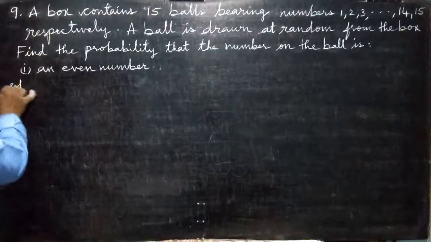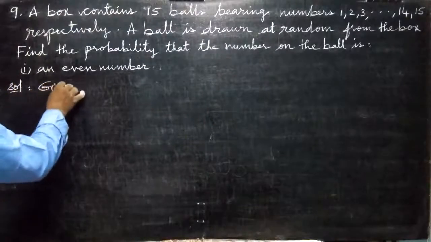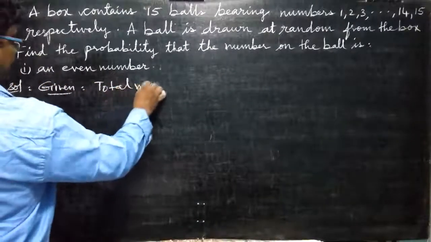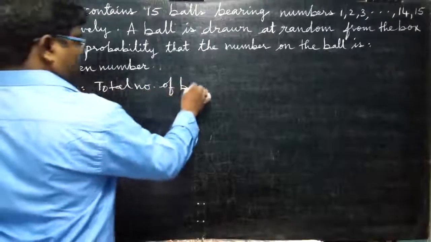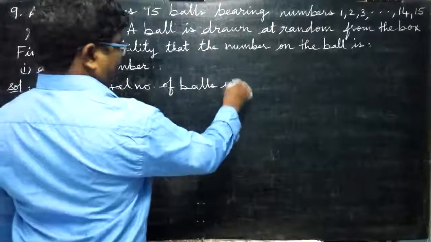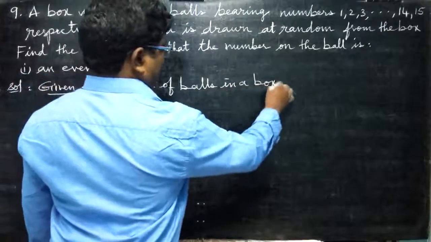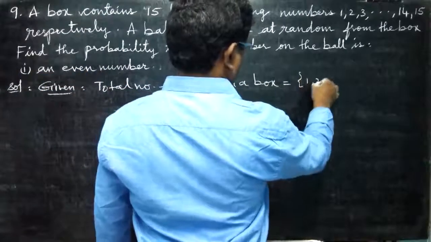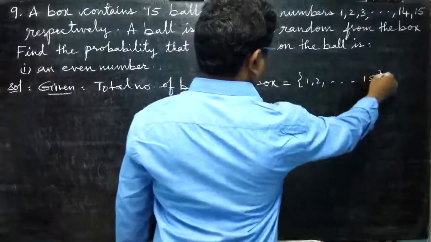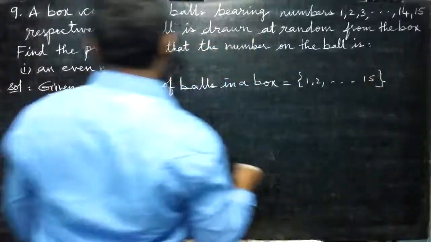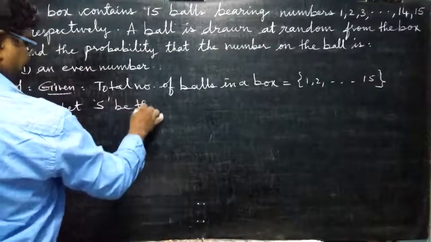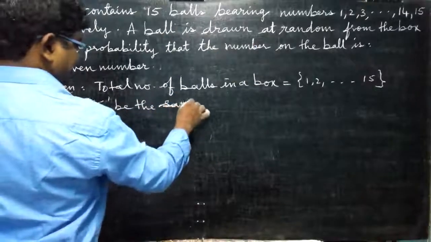Solution. Given total number of balls in a box is 1, 2, 3, so on, 15. Let S be the sample space.